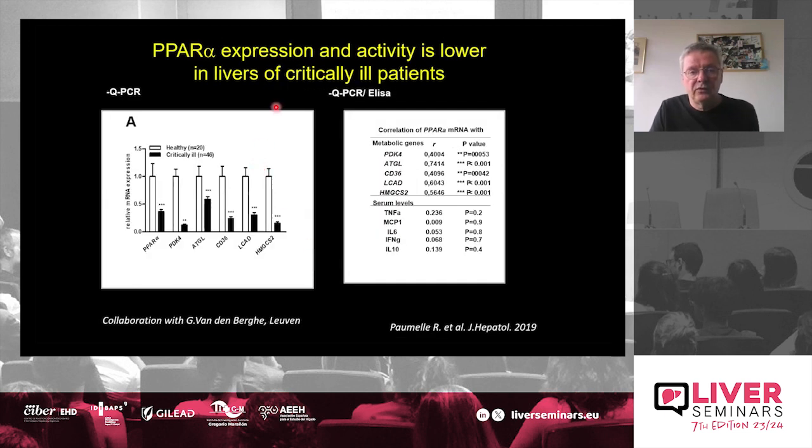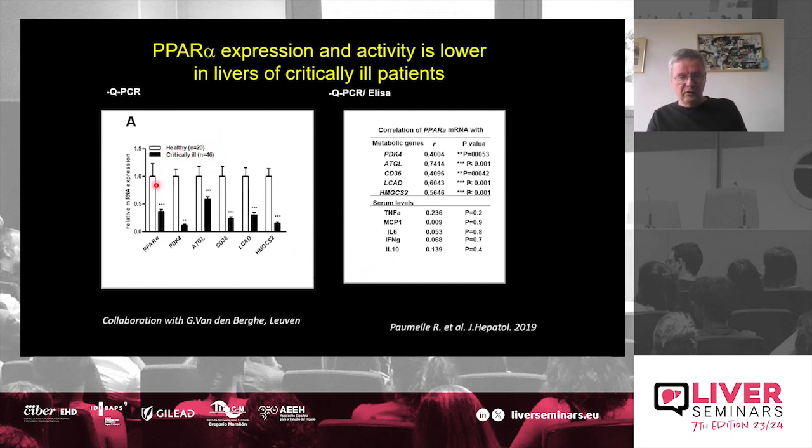We've shown that this is actually true in humans as well. This is a study done with a colleague of mine in Leuven, who had livers from the intensive care unit of patients who died there because of critical illness, and compared them to biopsies from healthy individuals.